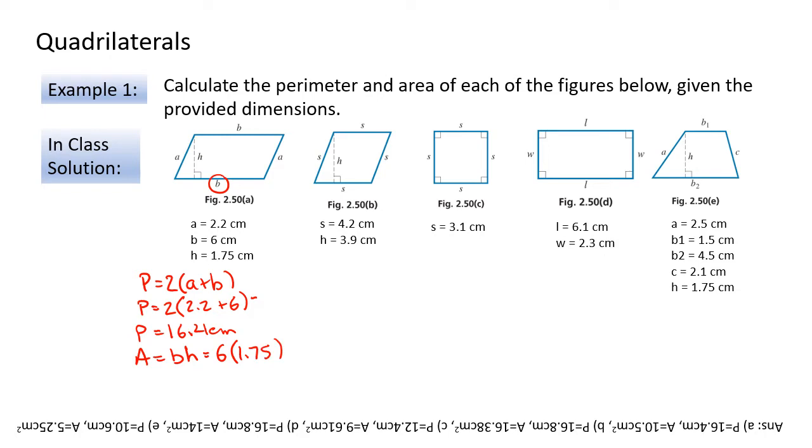Again, I'm not showing you the units here, but this will come out to centimeters squared, and the reason for that is you'd have 6 centimeters times 1.75 centimeters. So 6 times 1.75 is 10.5. And then you have centimeters multiplied by centimeters, which gives you centimeters squared.